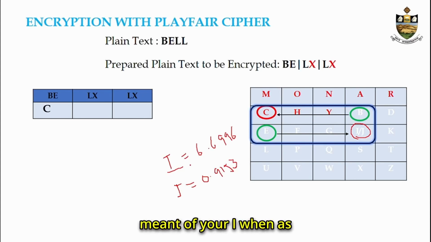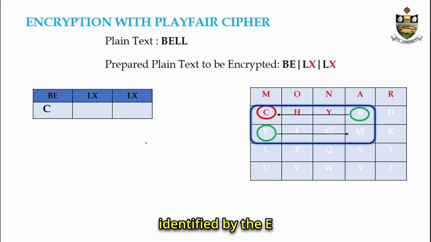In this case, I choose I as the opposite character of E because it has the higher frequency. So E is replaced by I in the first pair.